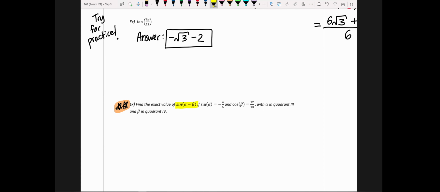So remember from yesterday, our double star problem was asking us to find the exact value of cosine alpha plus or minus beta. This time we want to find the exact value of sine alpha plus or minus beta.